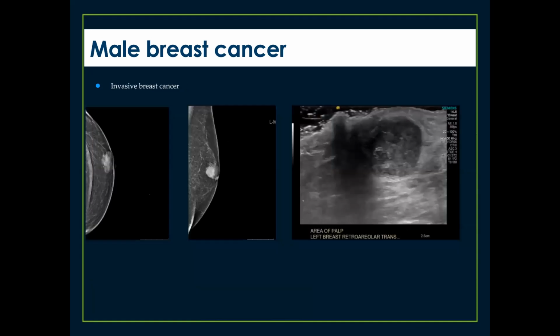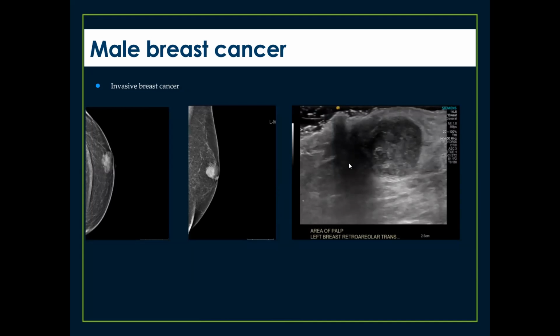Here's an example of invasive breast cancer. Again, as we saw in the last example, this is much more mass-like than gynecomastia, or higher density. We can draw a border around the mass. And on ultrasound, there's a solid mass, which would be suspicious in a male breast.